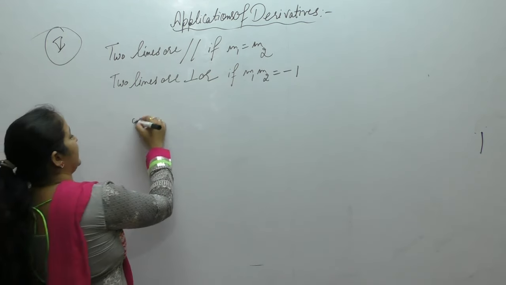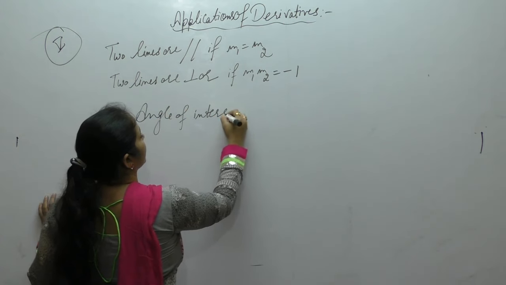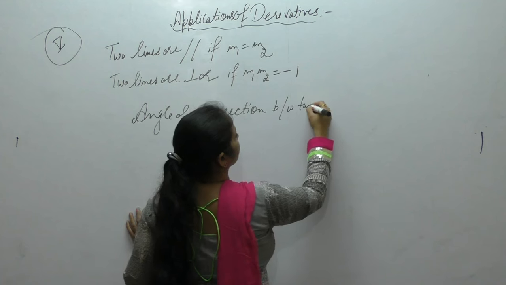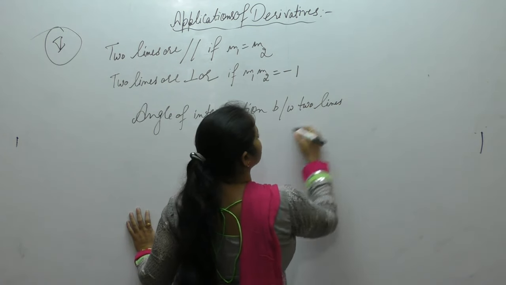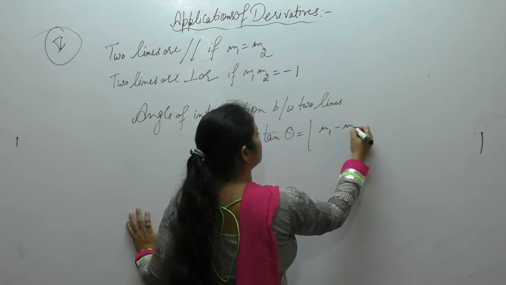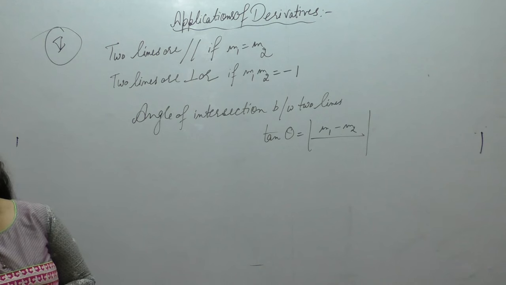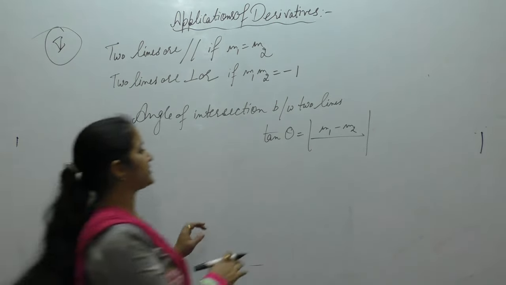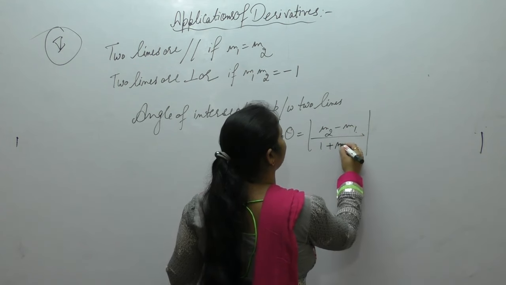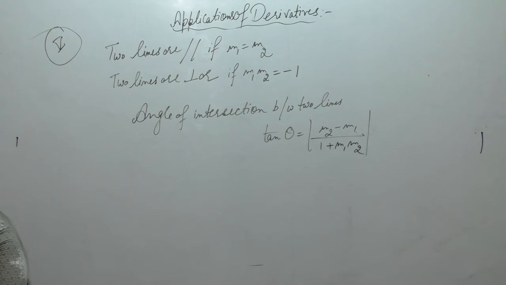Now angle of intersection between two lines: tan theta is equal to (m1 minus m2) upon (1 plus m1 m2), slope of first line minus slope of second.